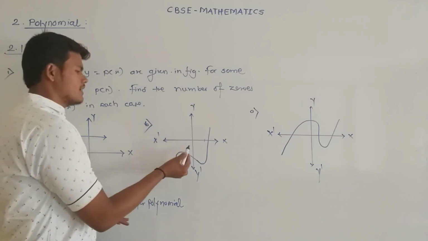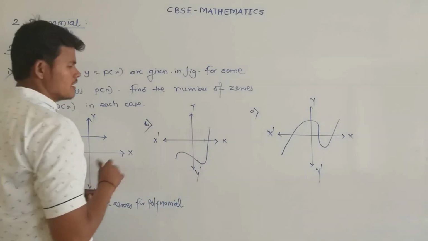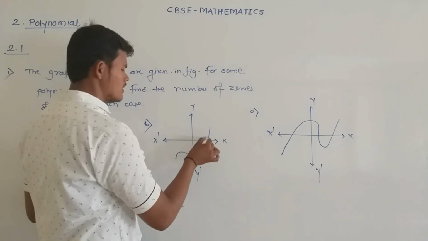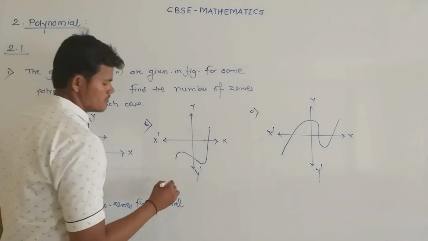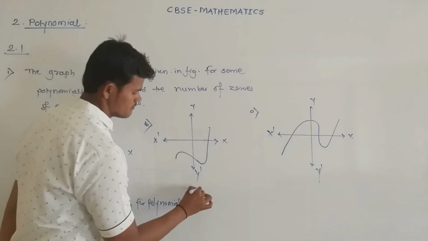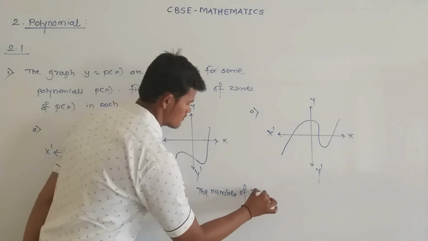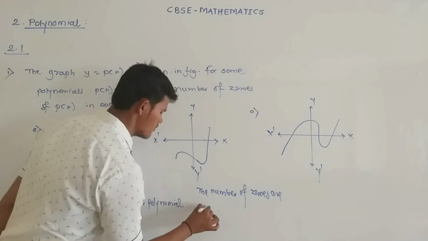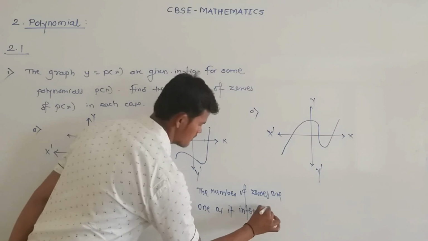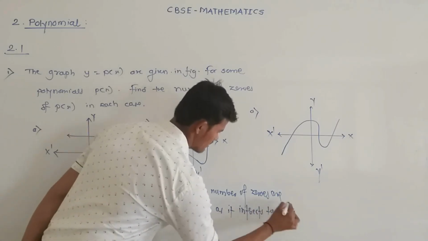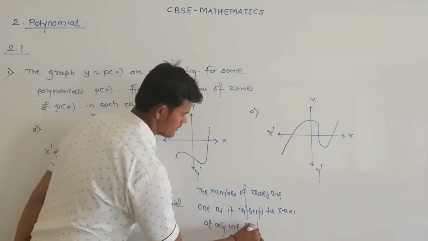Now, in the second graph, the graph intersects the x-axis at only one point. If a graph intersects the x-axis at only one point, that means it has only one zero. Number of zeros is 1 as it intersects the x-axis at only one point.